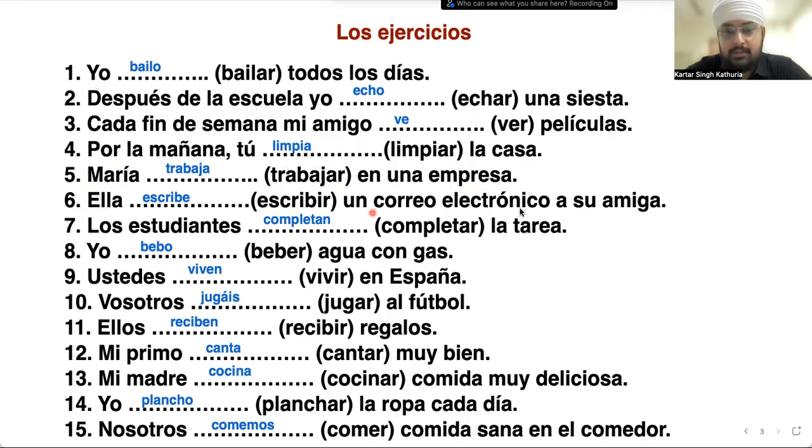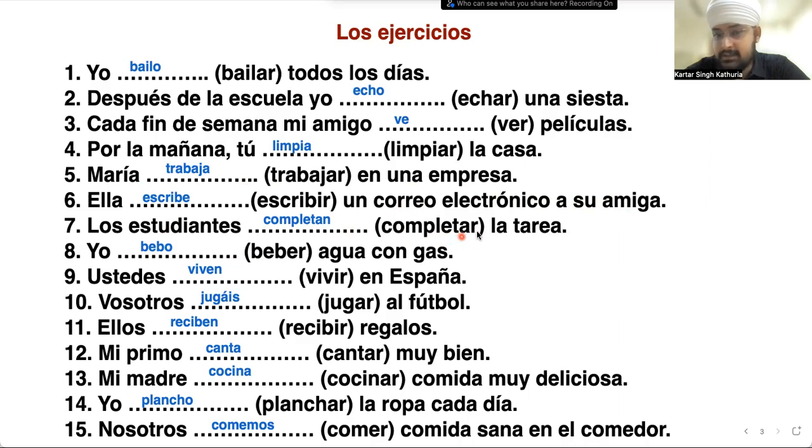Ella escribir un correo electrónico a su amiga. So we need to conjugate the verb escribir. Escribir means to write. So ella escribe un correo electrónico a su amiga means she writes an email to her friend. Los estudiantes completar la tarea. Sometimes the words can be similar to the English language. We just need to come to the conclusion that similar words can mean the same thing.